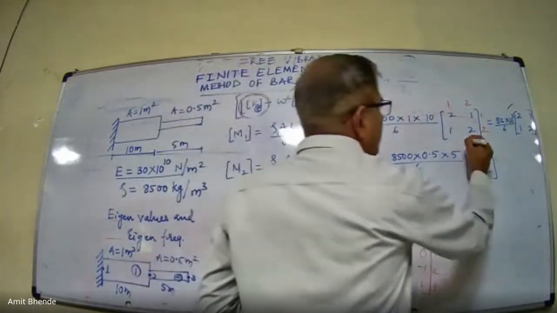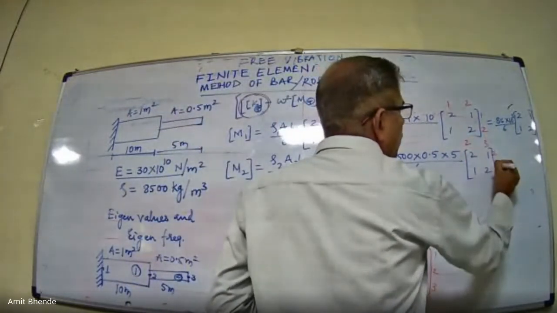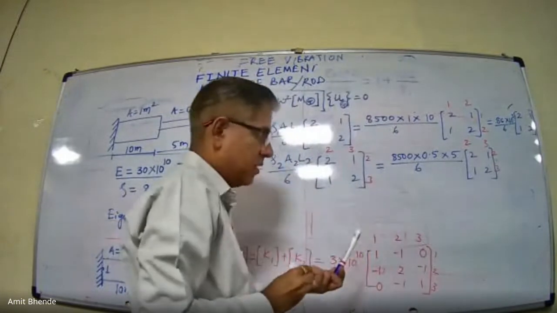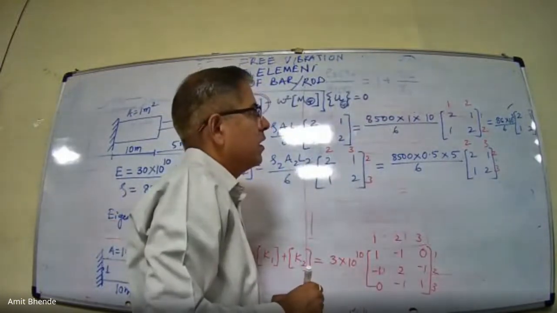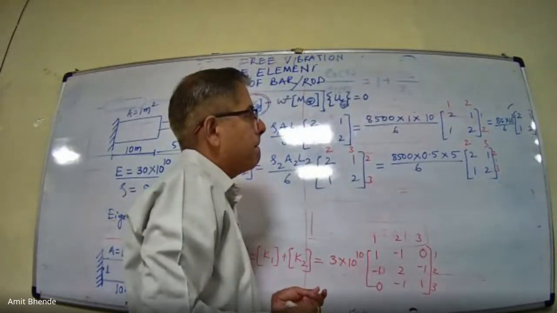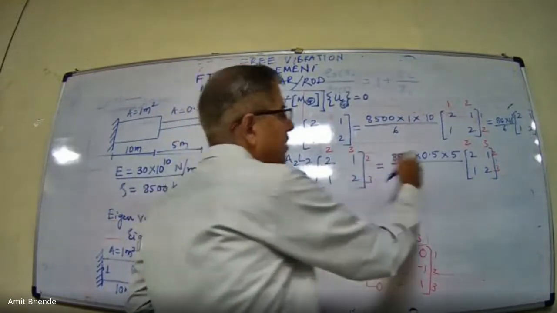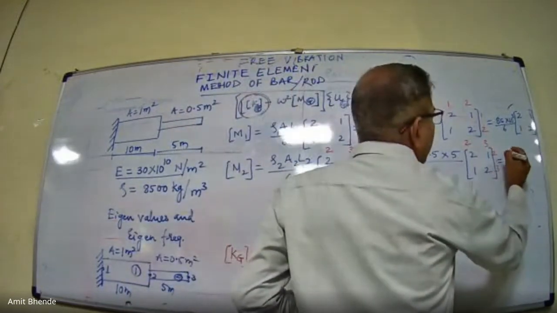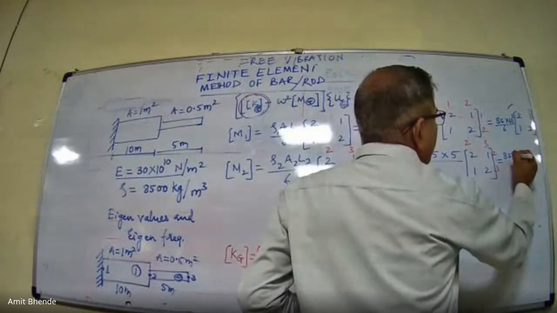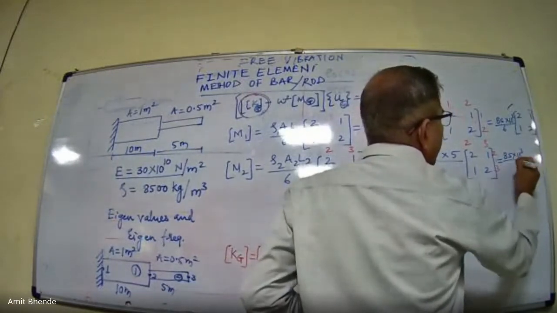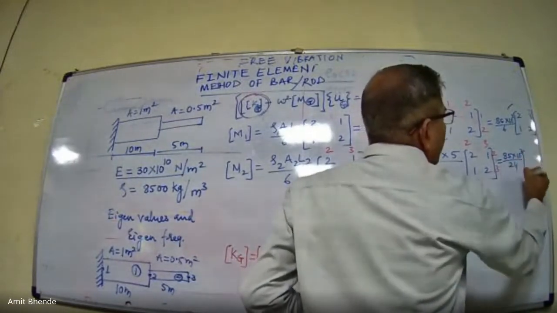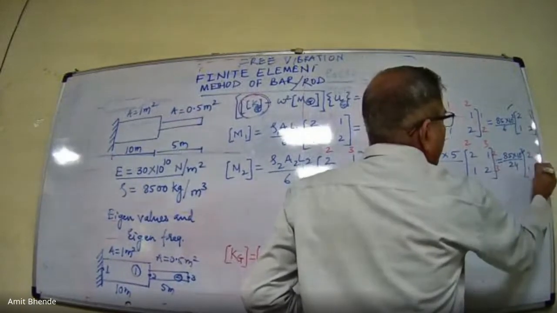The row and column numbers are 2323. Now if you simplify it, then it is 85 into 10 to the power 3 divided by 24 into 2112.